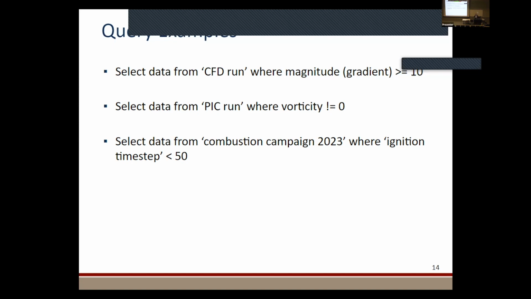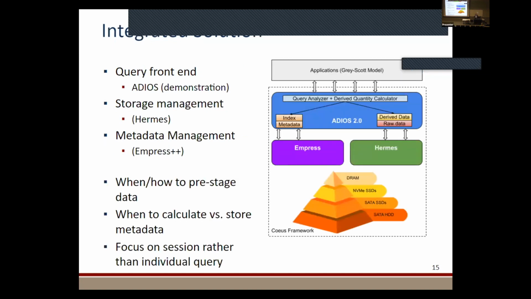And we're initially starting with ADIOS for the front end just because Oak Ridge is part of it. However, through IIT, through Shiny Sun here, we are also potentially trying to get HDF5 on the side as a separate example for the front end. We think that would be more interesting than having just this one example, but having two to show this is a general system.